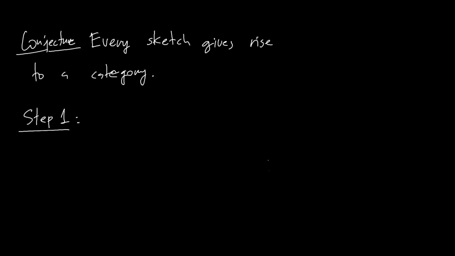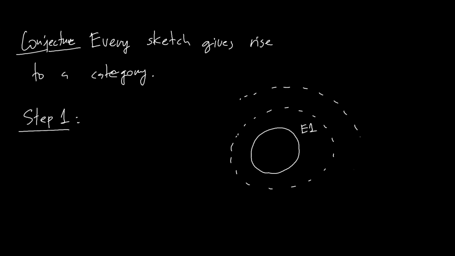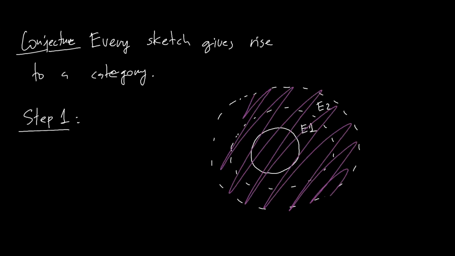Let me visualize on the picture. So we start with a sketch. We expand it in such a way to ensure that axiom 1 holds, that E1 holds, right? We expand it further to ensure that E2 holds. But already here, how do we know that once we expand it further, in this expanded sketch, E1 still holds?